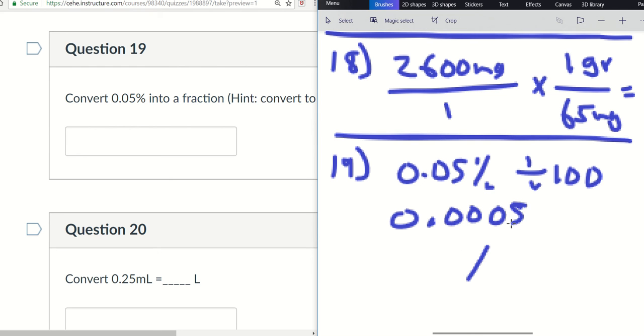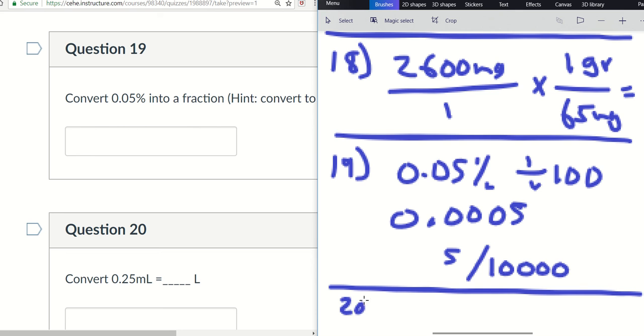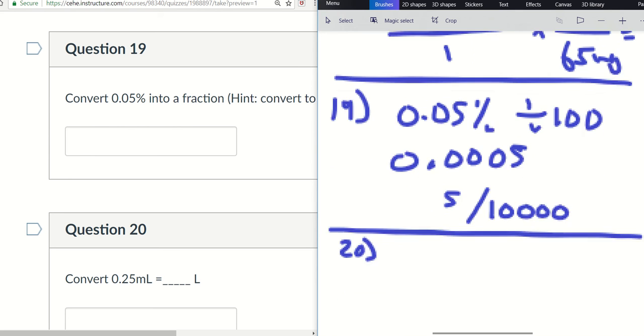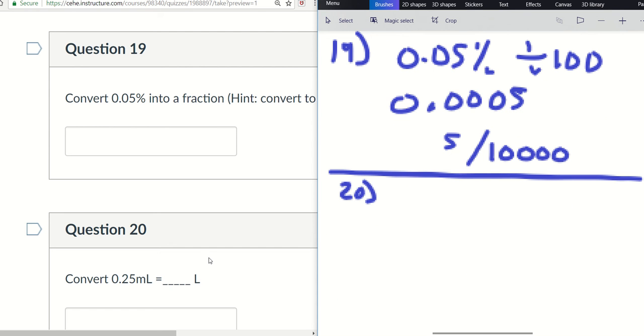Tens, hundreds, thousands, 10,000. What number do you want to put on top? 5, that's it. You do not have to reduce to lowest terms in this class. So the lesson there is make sure you divide by 100 first to get to decimal. That's very important. Then you can make your fraction.